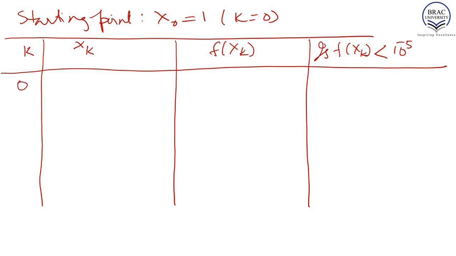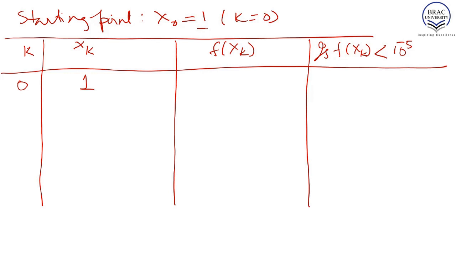So k equals 0 means x0 is 1, so I can write 1 here. Now we put this x0 equal to 1 into our iteration formula from the previous slide. You can use a calculator, or you can use some software, Mathematica, Maple, whatever you like, and put in the values and write down your answer.